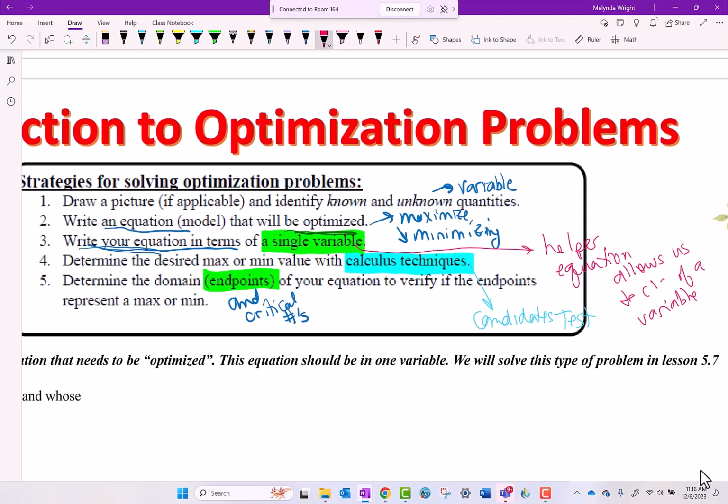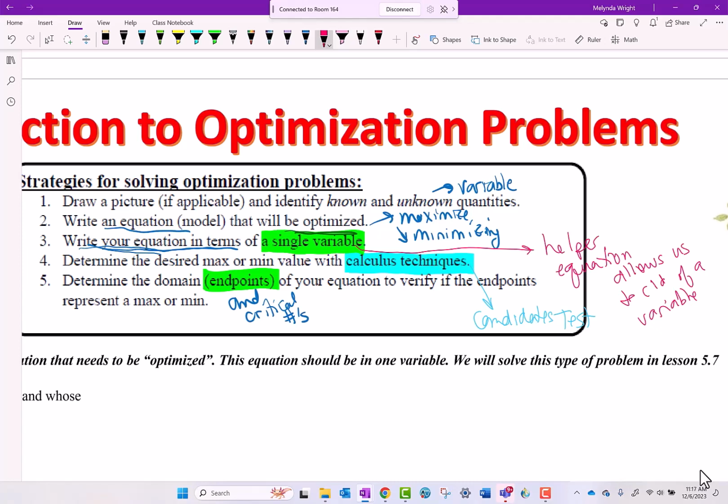Then we would find our max or min using calculus techniques, which is the candidates test. This is part of step 4: we would need our candidates, which are the endpoints and the critical numbers. Okay, so that's an overview of the process. Are there any questions on the overview of the process?